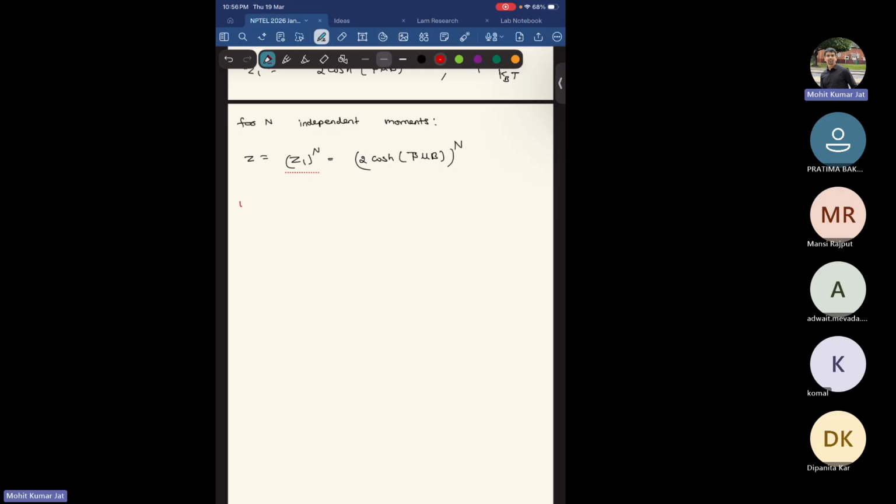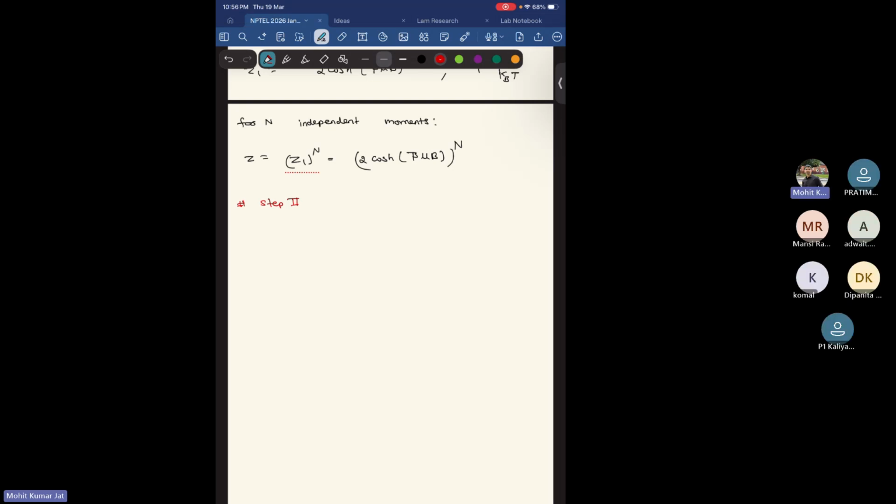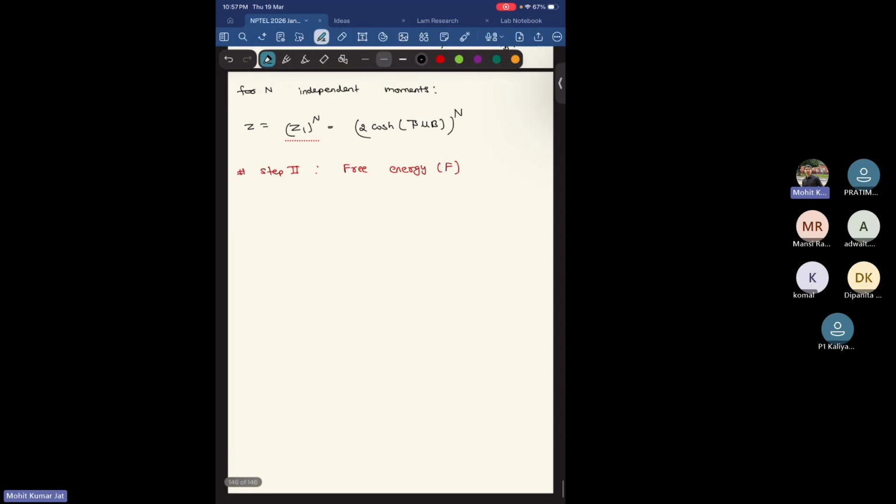So this will be step 2, in which we calculate the free energy F.